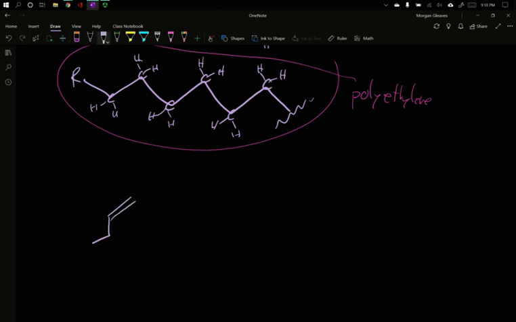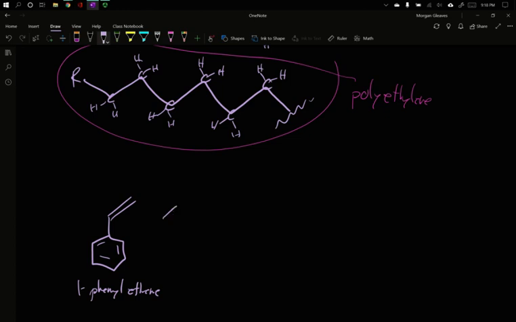Polystyrene is the old name for 1-phenylethene. If we think about naming that, well, it's 2 carbons for a chain, and it's got a phenyl coming off the first carbon. And so this is 1-phenylethene.